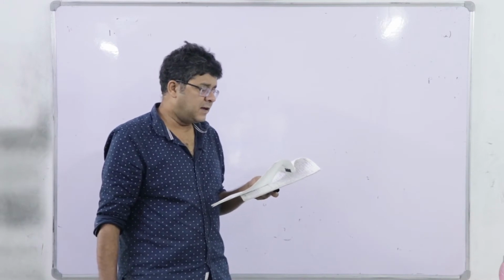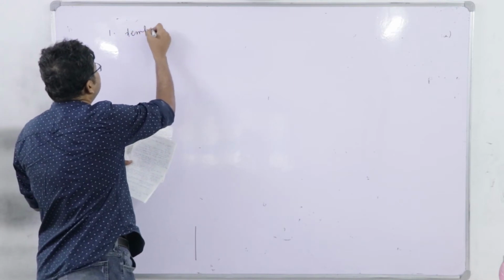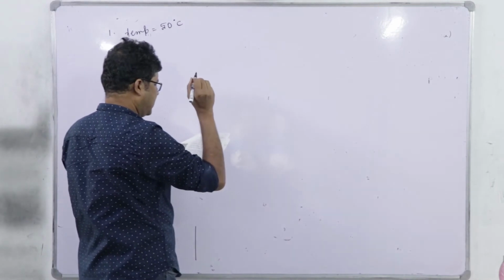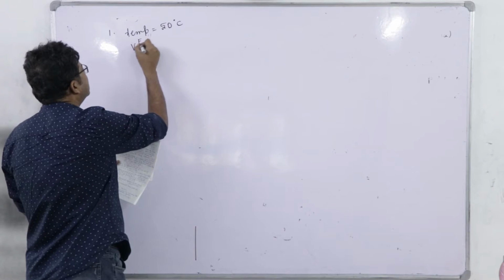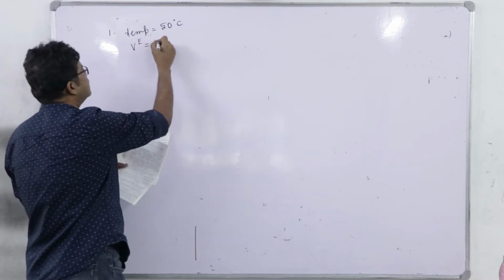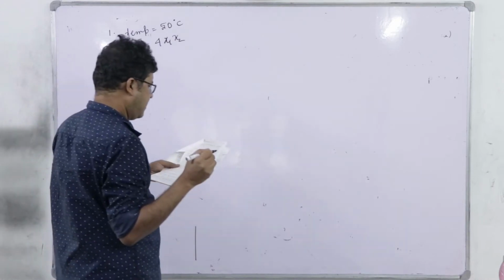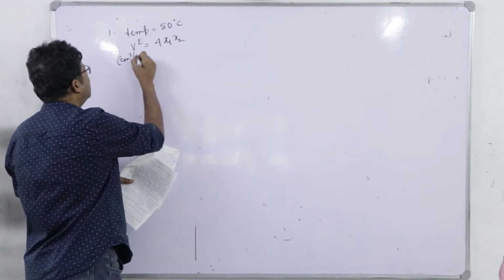At a temperature of 50 degrees Celsius, let us write the data first. The excess volume of a binary solution is given by VE = 4x1x2, where VE is in centimeter cube per mole.